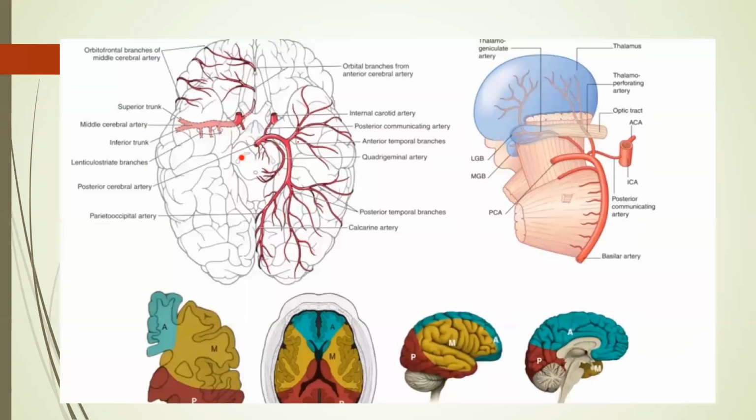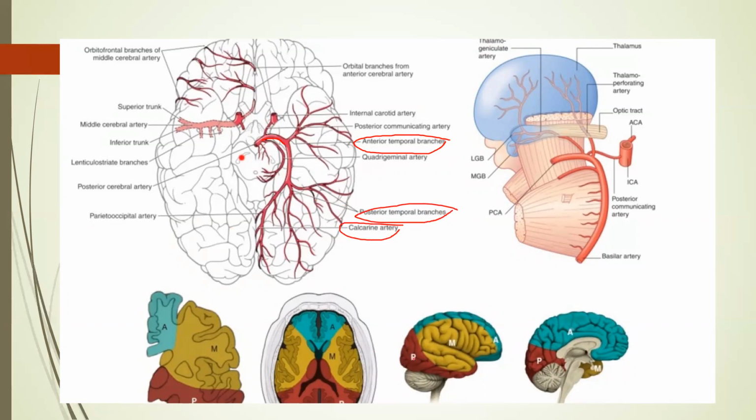Here you have the posterior cerebral artery, and this gives the anterior temporal branch, which we saw earlier. Then there is another division, the posterior division, which is the posterior temporal branch. Then you have the calcarine artery.